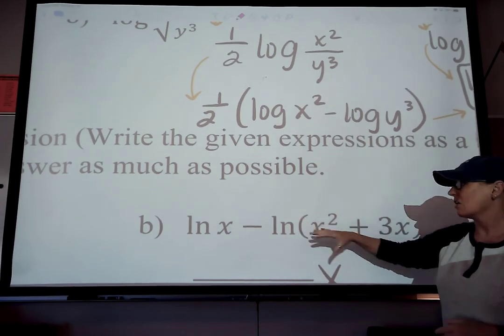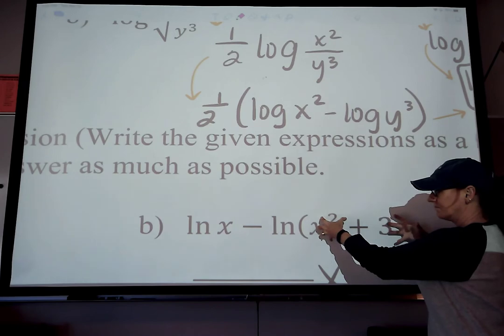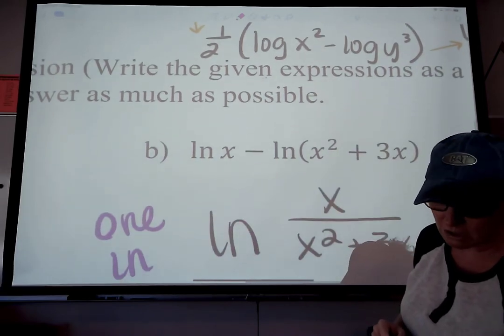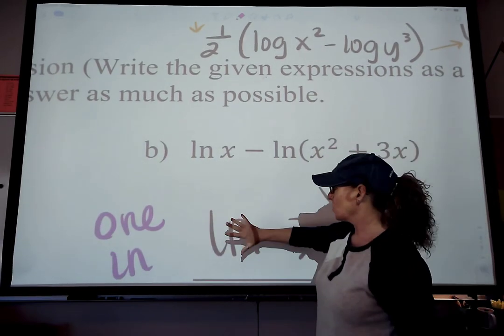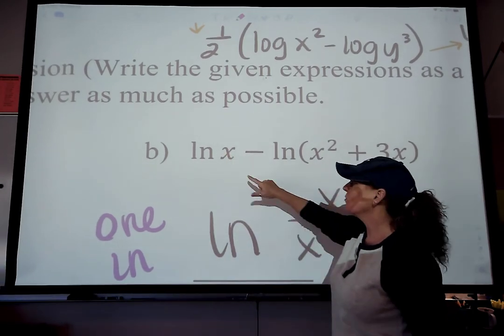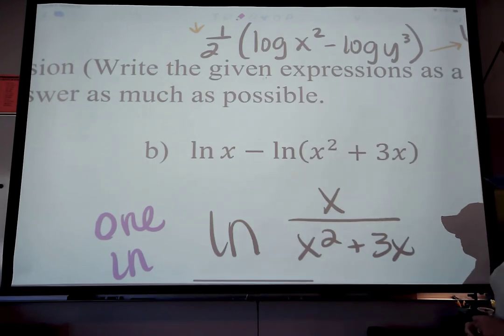This is the log of all this. So I can't do anything with this. But I am going to condense them into one logarithm. So I'm going to use one logarithm, and it becomes this piece over this piece.